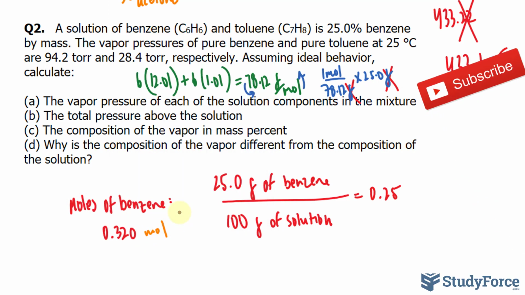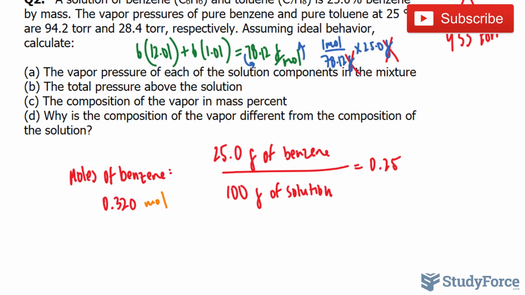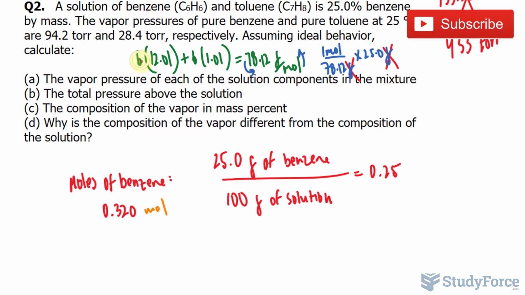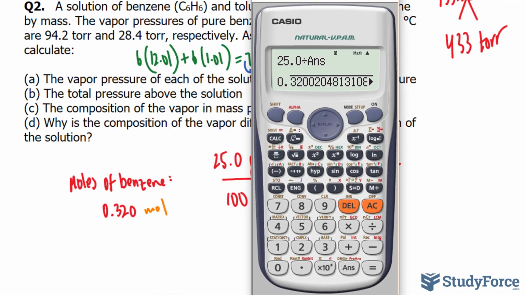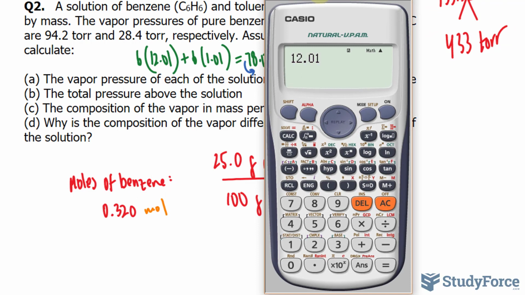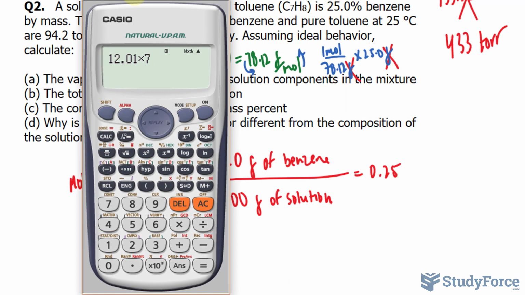We have to do the same thing now for toluene. Shouldn't be hard. Rather than the 6, we have a 7, and rather than this 6, an 8. Again, 12.01 times 7, and it's probably a good idea to show all your work, although I want to save you time, and we're going to add 1.01 times 8.